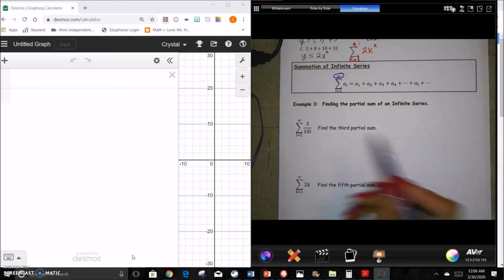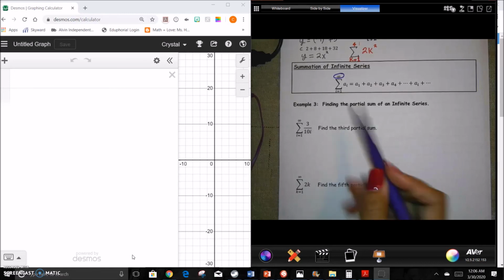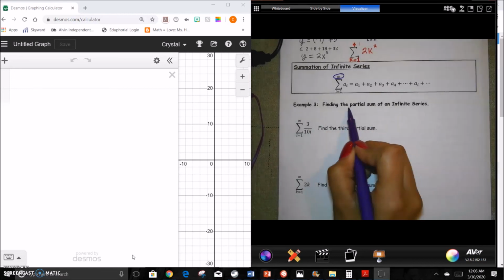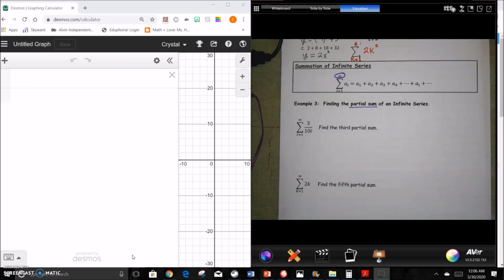With knowing that information, we're going to take a look at finding the partial sum of infinite series. There is a way to find the summation of an infinite series, even when it goes on and on and on. It's just called finding the point of convergence, and that's a discussion for another day.